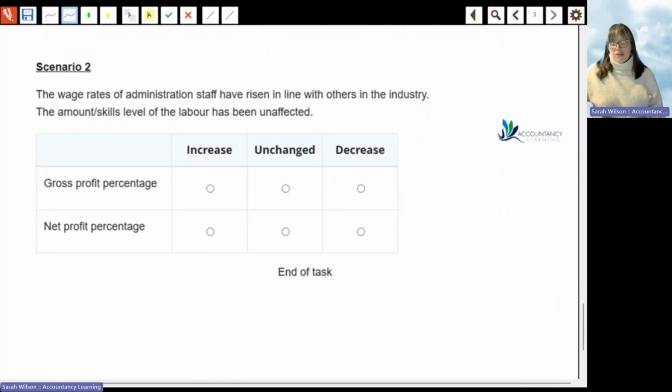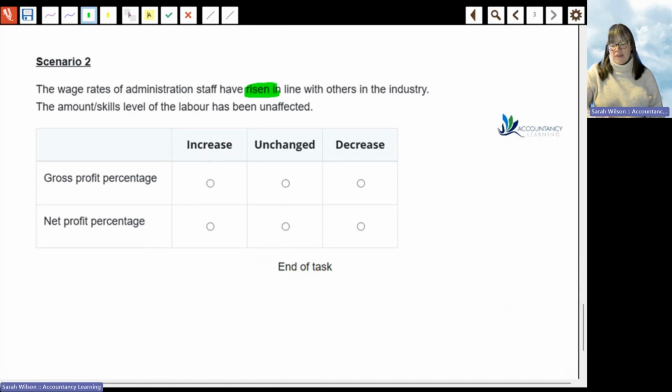And then scenario 2. The wage rates of administration staff have risen in line with others in the industry. The amount and skills level of the labour has been unaffected. So now we need to look at gross profit percentage and net profit percentage. That's really important that you do understand the difference between the two.